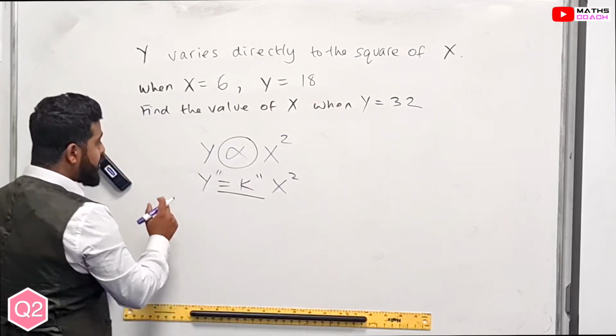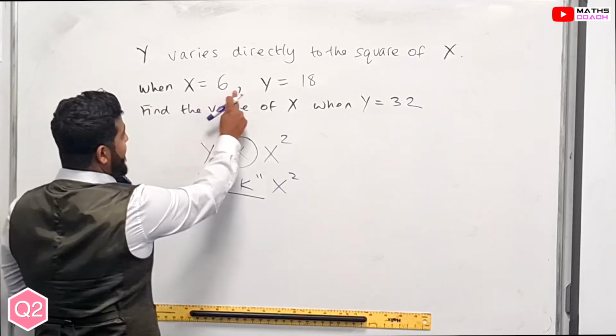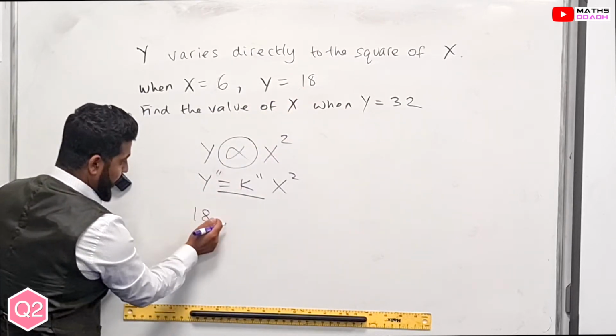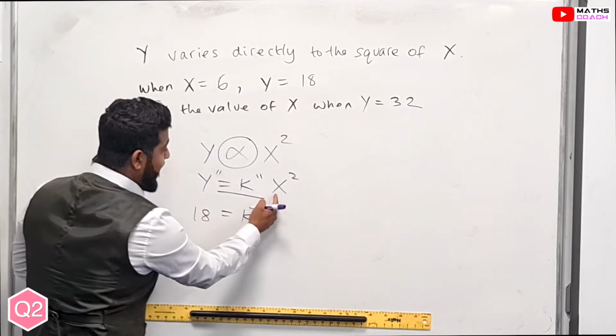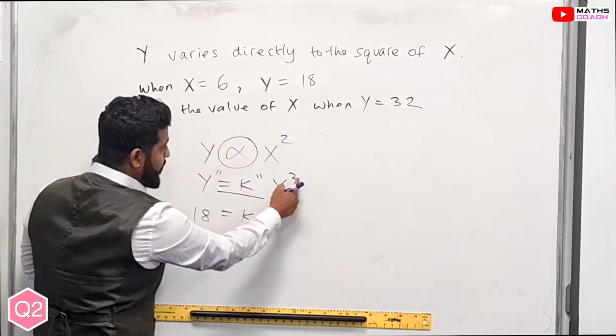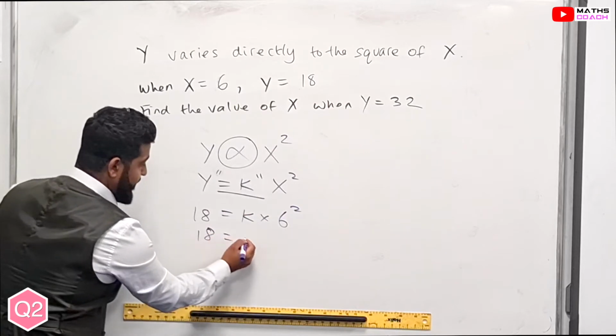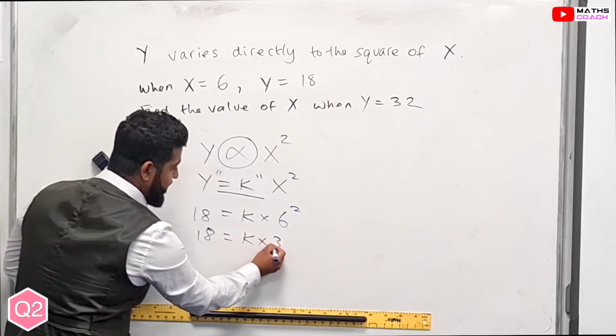Okay? So, when X is equal to 6, Y is equal to 18. So, 18 is going to be what Y is equal to, K times by 6 squared. So, 6 squared. What's 6 squared? That gives us 36, so it's K times 36.